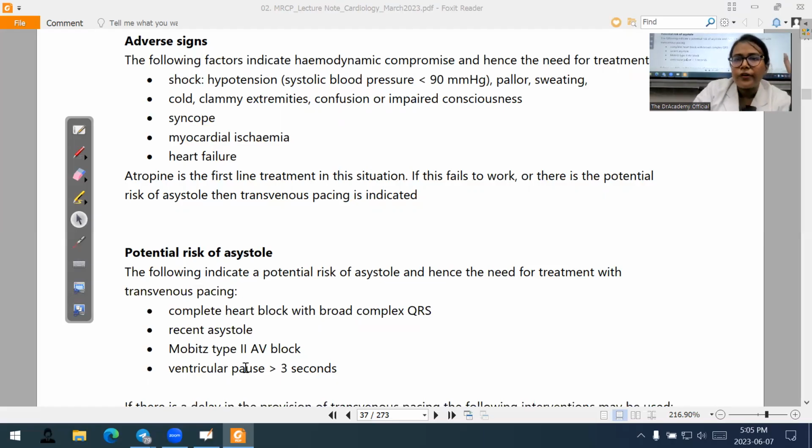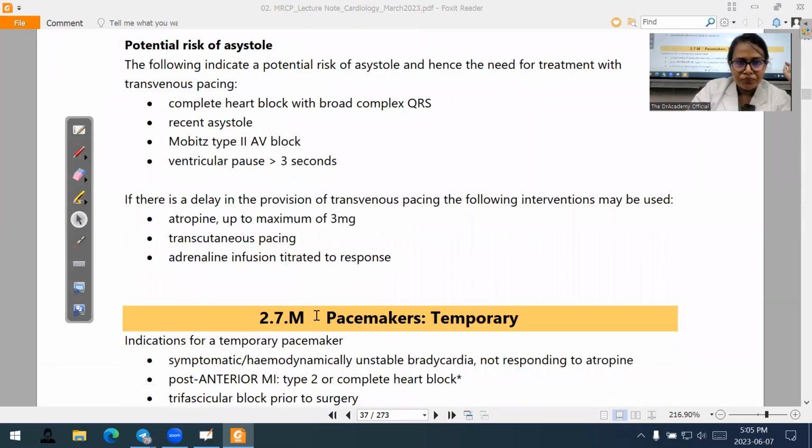AV blocks are in general very bad, and especially type 2, which is known as the Wenckebach phenomenon. So that's particularly even worse. And ventricular pause: if you do Holter monitoring and you're seeing that the ventricular pause is more than 3 seconds, that's a very bad sign. So all these types of cardiac arrhythmia can actually lead towards asystole or pulseless electrical activity.